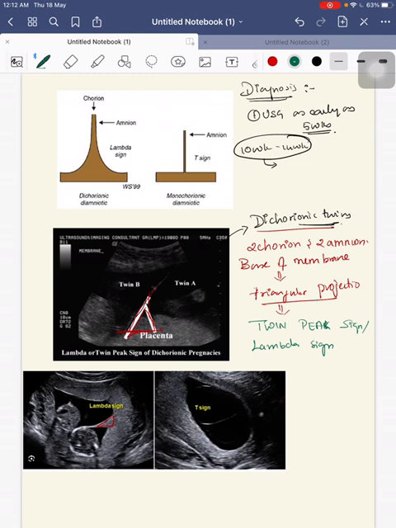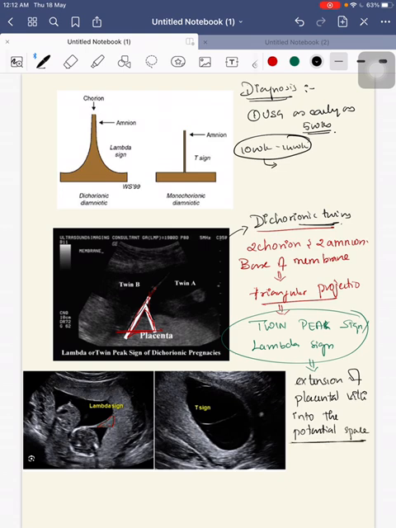This thicker projection occurs in dichorionic twins because of the extension of the placental villi into the potential space that is formed between the opposed amniotic and chorionic layers from each fetus.